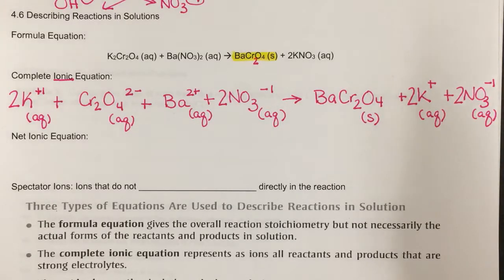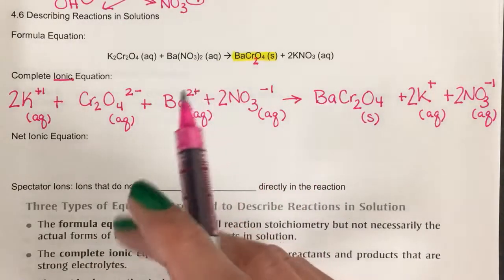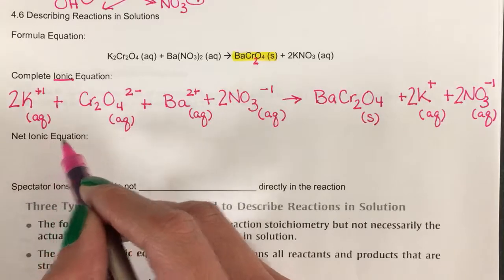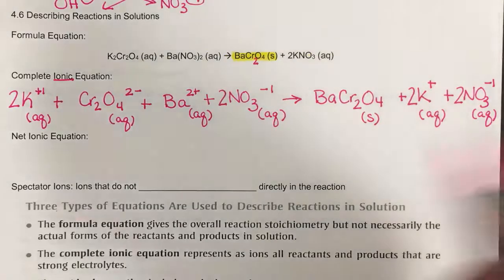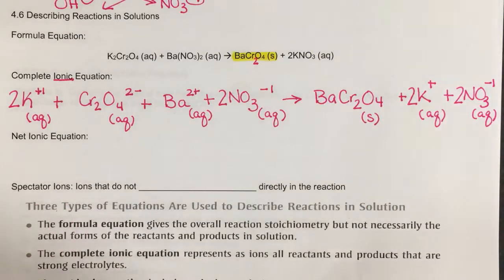Now, the complete ionic equation is actually usually not what we're going to write. We're either going to write the formula equation or the net ionic equation. However, to write the net ionic equation, we usually need to know how to write the complete. Now, the net ionic equation takes into account something called spectator ions.